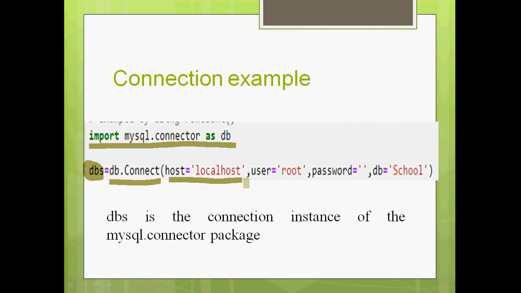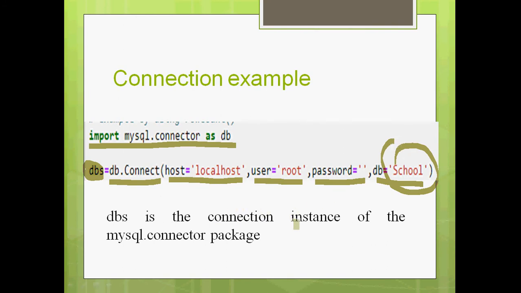Host is localhost, user is root, the default one, password is blank, but even if it is blank, you have to give it. Then database is school. School is the database name here. Whichever database that you have created, you just mention that here.